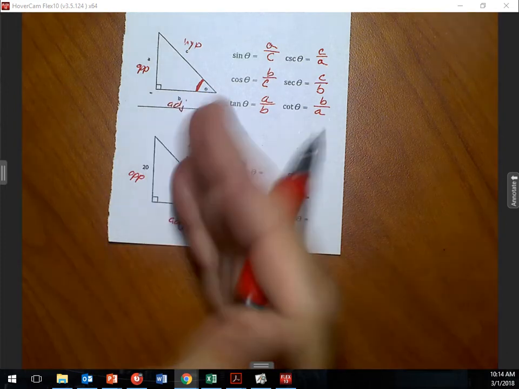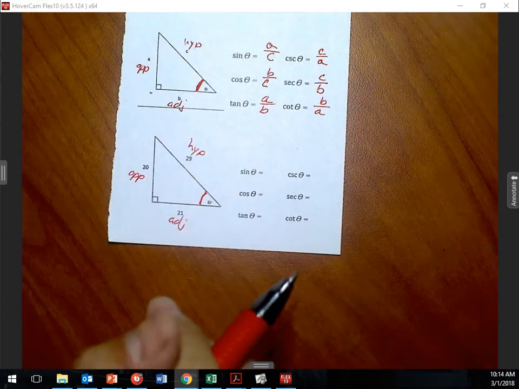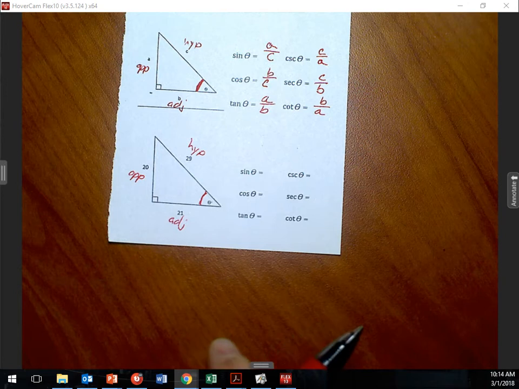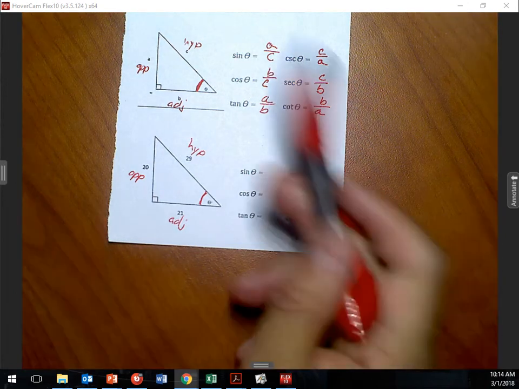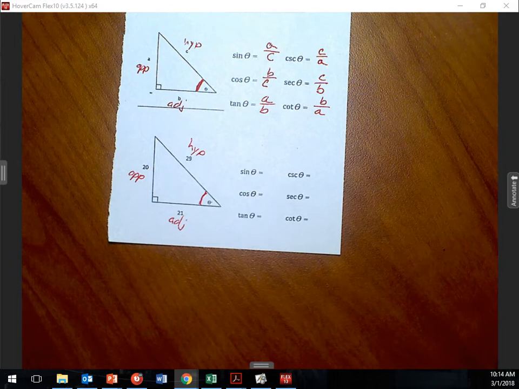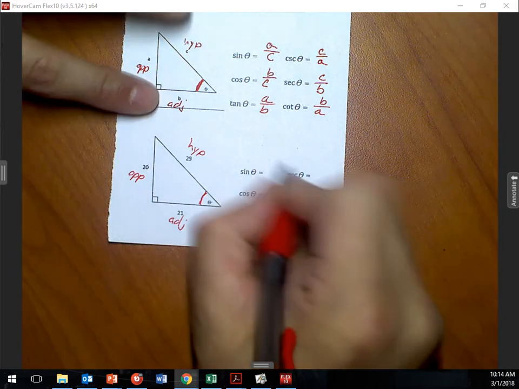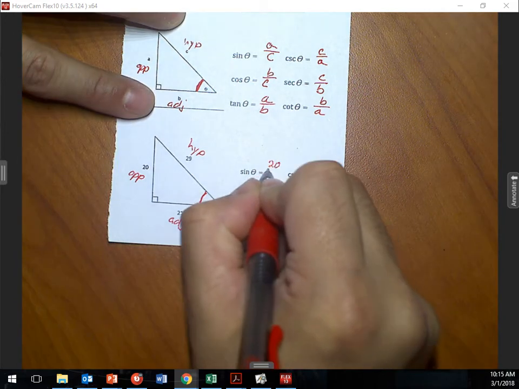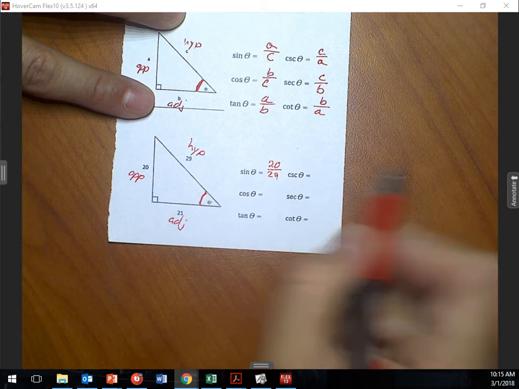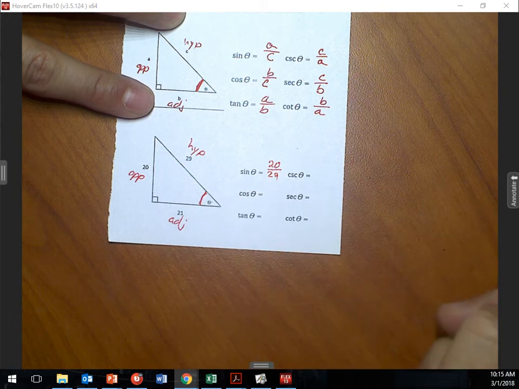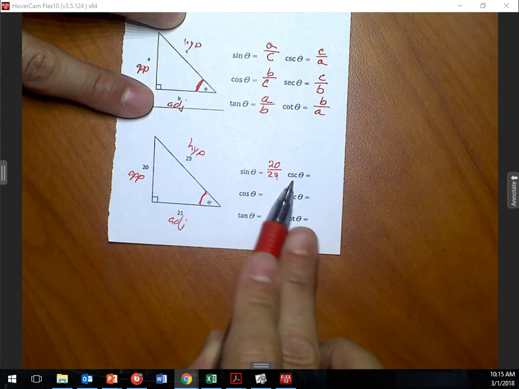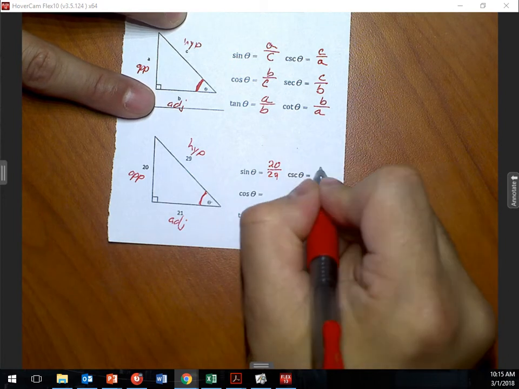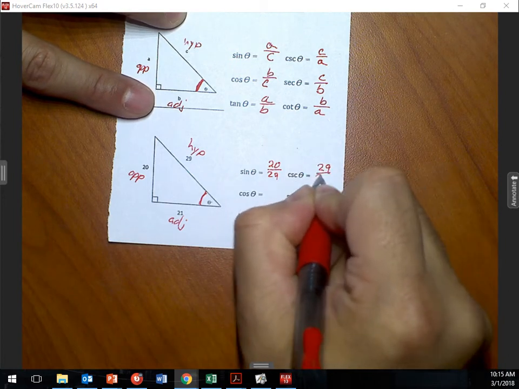If you go through and label this first, before you do anything, it's going to make everything a whole lot easier. Let's start with sine. Now instead of putting the letters, we're going to put numbers. What do we have here? 20 over 29. Cosecant, 29 over 20. There we go.